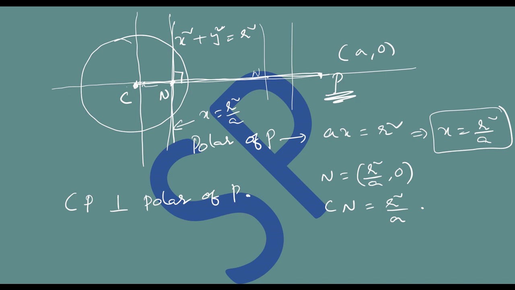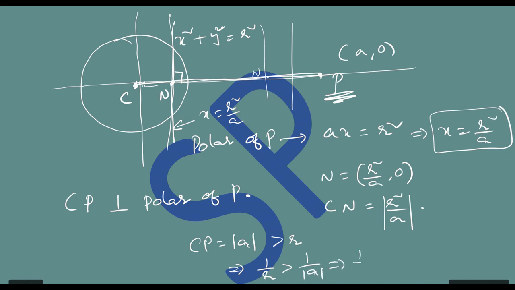So CP, which is nothing but mod a, and for that matter CN will be mod of r square by a. As the point lies outside the circle, CP, the distance from center to the point, must be greater than the radius. So it means that 1 by r is greater than 1 by mod a, or 1 by mod a is less than 1 by r.